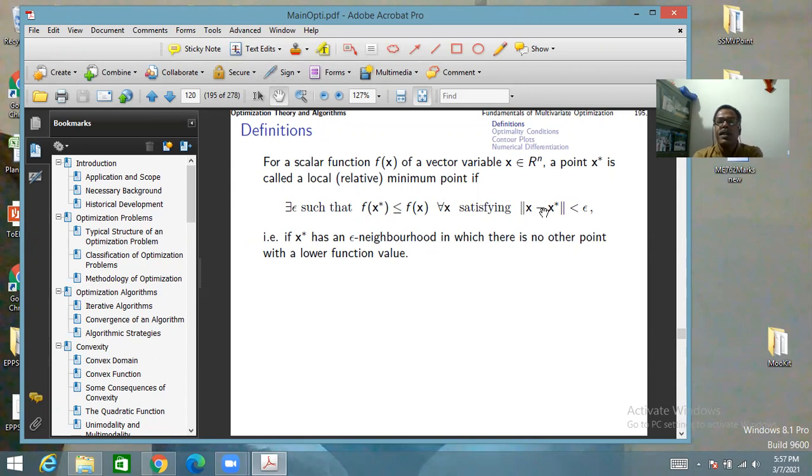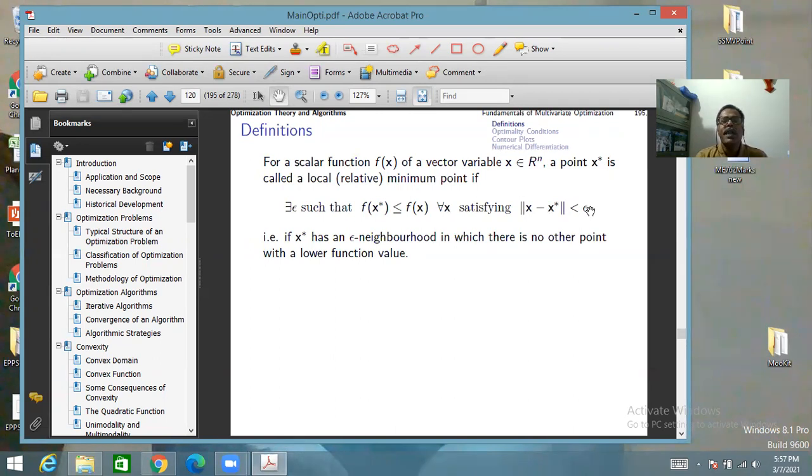So in this little ball around x star, with radius epsilon, at every point the function value is either higher or equal. In that case, the current point x star will be called a minimum point.